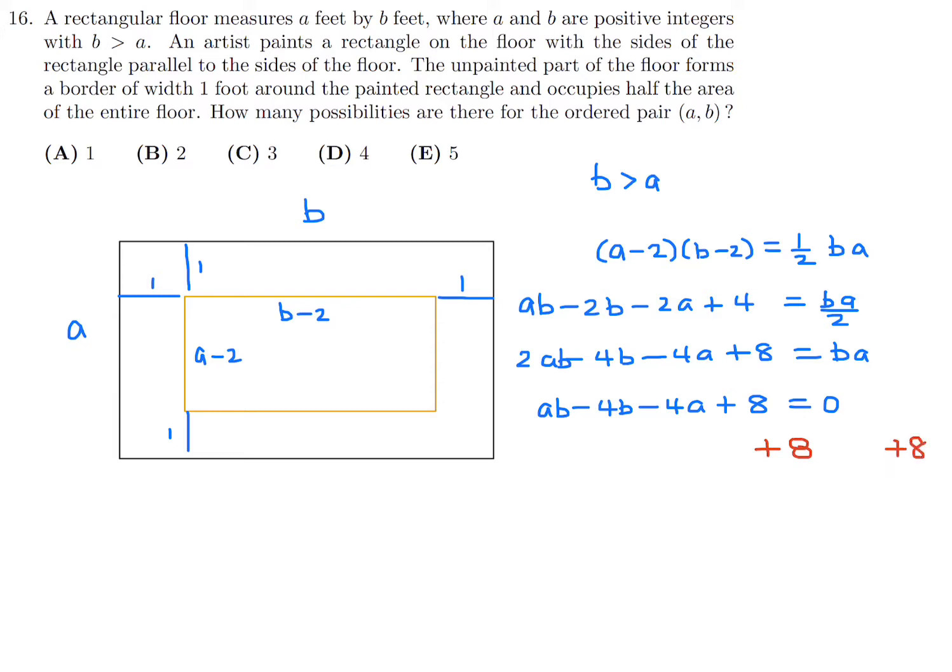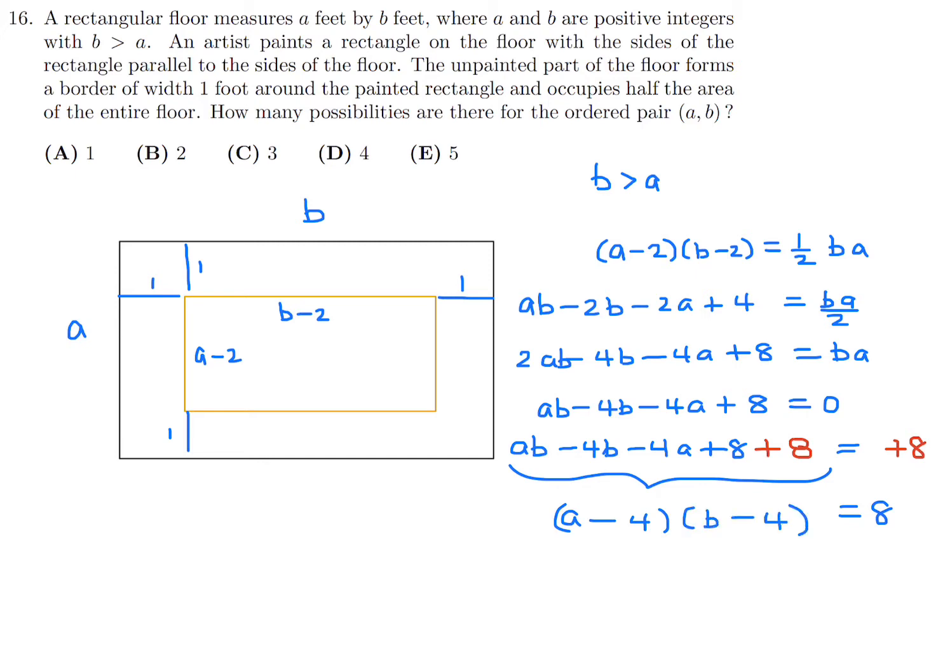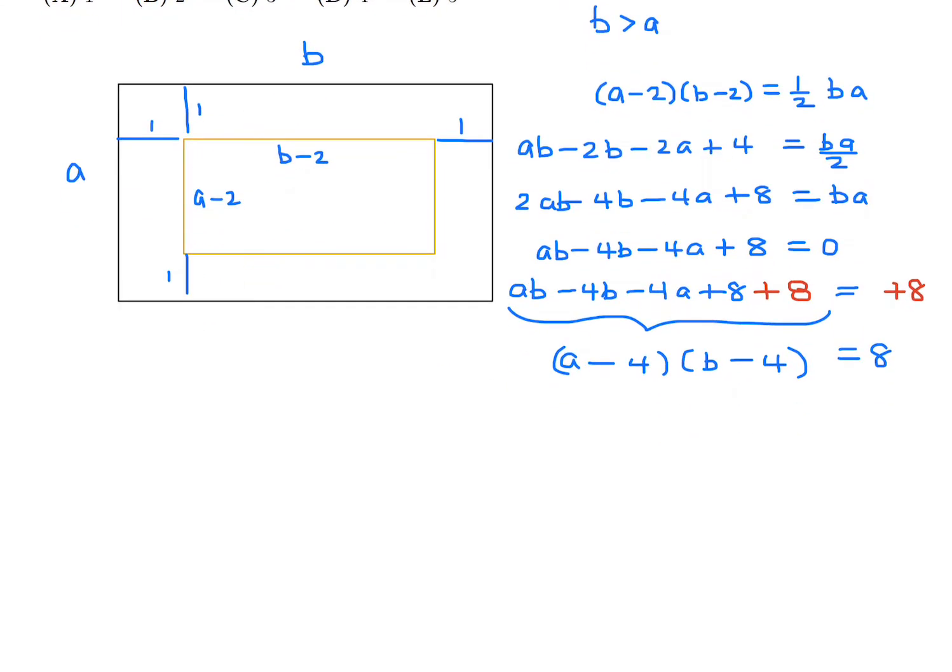If you do that, then this side becomes AB minus 4B minus 4A plus 16, which factors into A minus 4 times B minus 4, and that equals 8. And once you do that, this becomes very straightforward in terms of trying to figure out A and B.